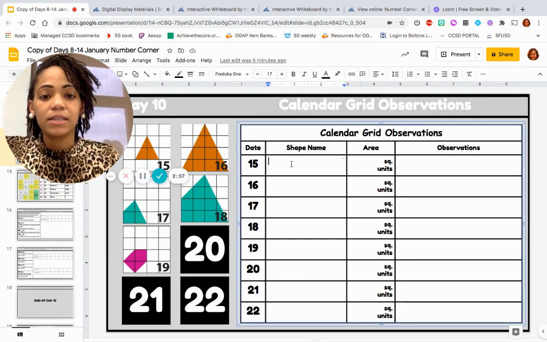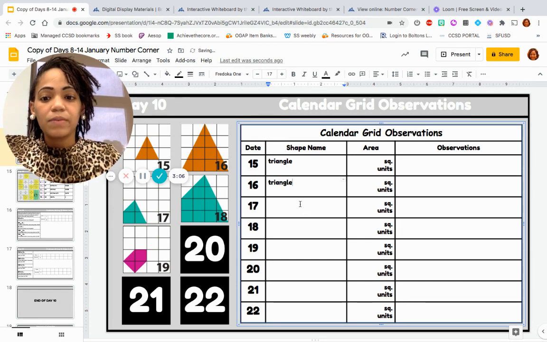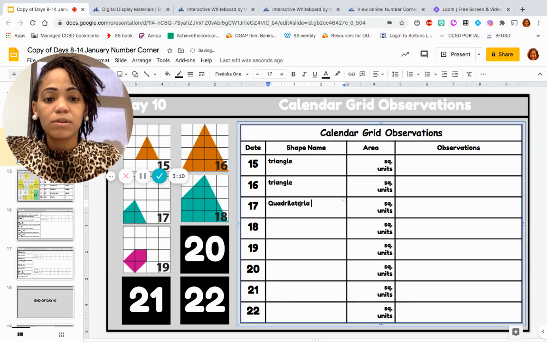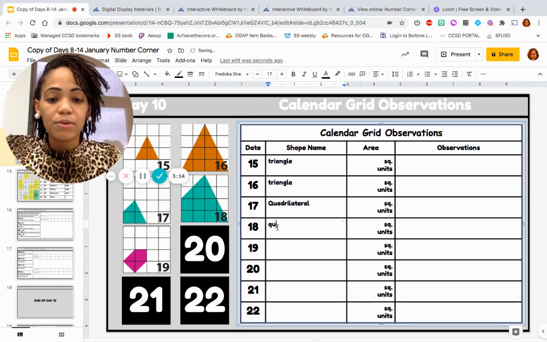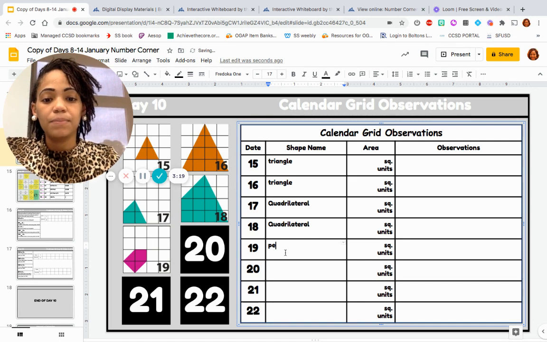So I'm going to write triangle, if I can spell the word correctly. And then we had triangle. And then we had quadrilateral. And then we had a quadrilateral. And then today is a pentagon.